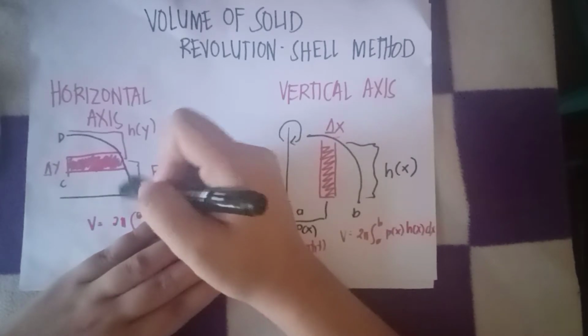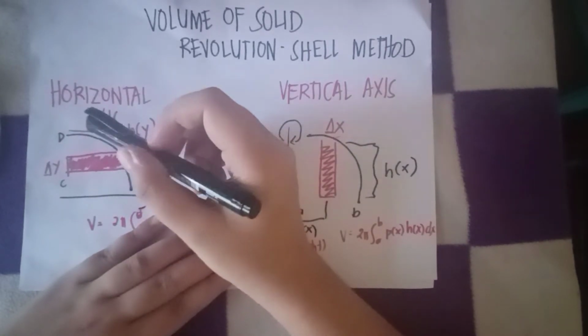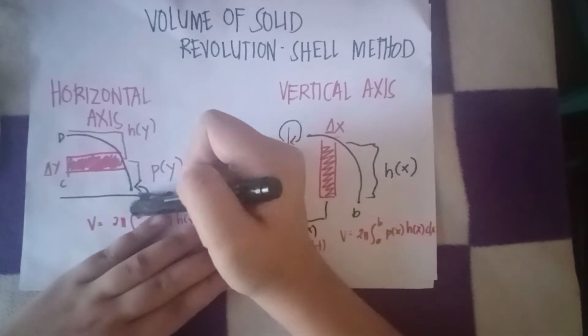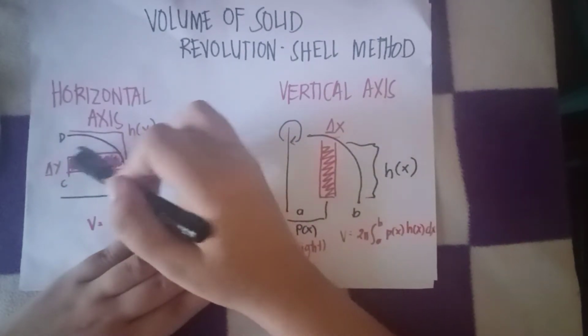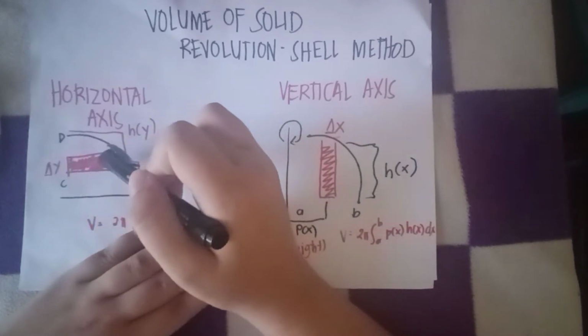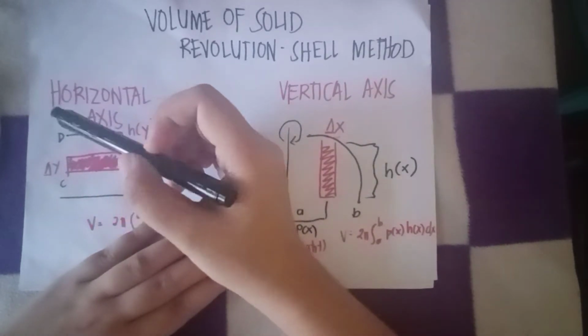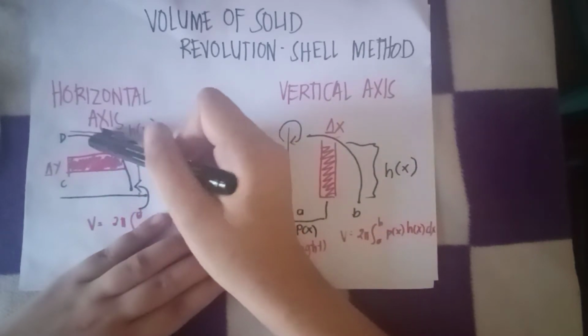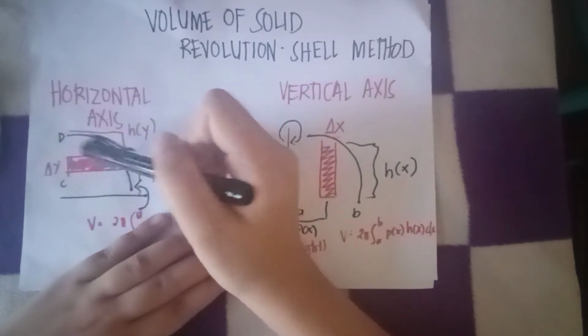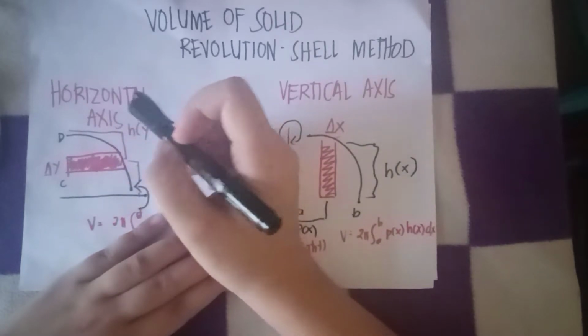So, iikot po yung ating graph sa x-axis. Dahil sa x-axis yung ikot ni graph, yung ating cylindrical shell, o itong triangle na nakikita nyo, is pa-horizontal. Ibig sabihin po niyan, yung ating curve or graph na given ay dapat naka-delta y or in terms of y.